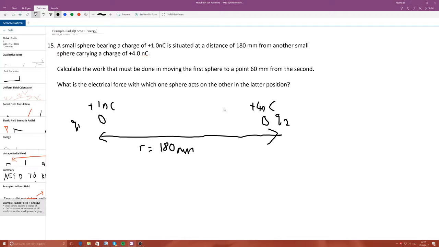So we basically have to use our energy formula. You either remember this or you can derive it from Coulomb's law itself again.